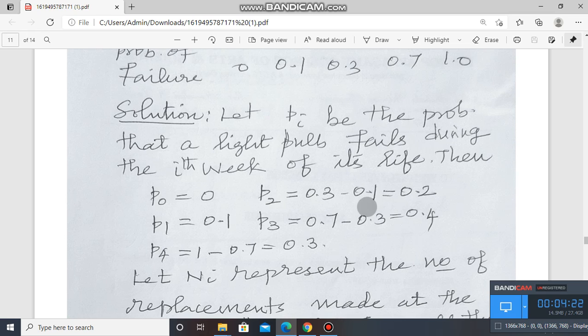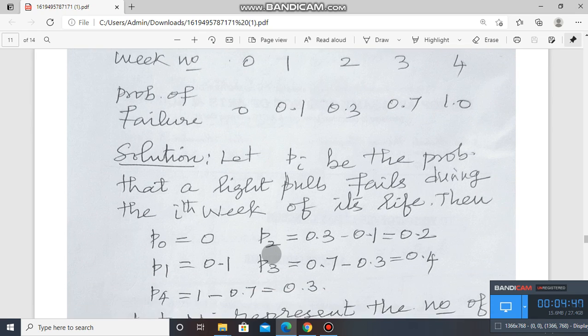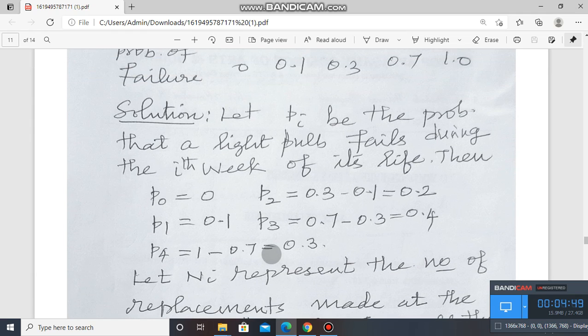The probability of the third week is equal to 0.7 minus 0.3, that is equal to 0.4. And the probability of the fourth week is equal to 1 minus 0.7, which is equal to 0.3. These are the individual probabilities for the 4 weeks.